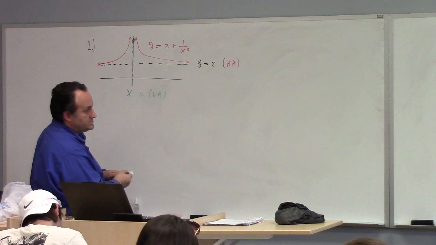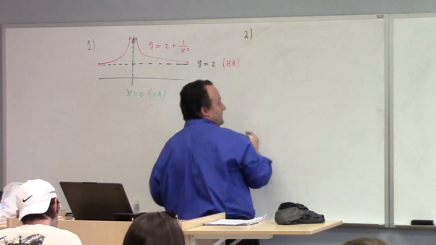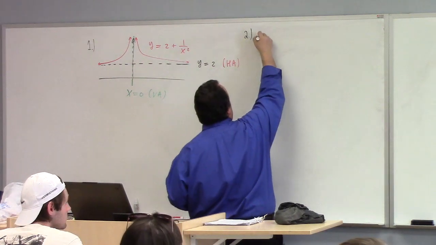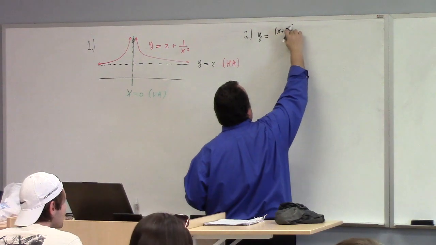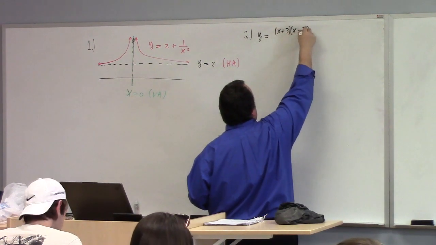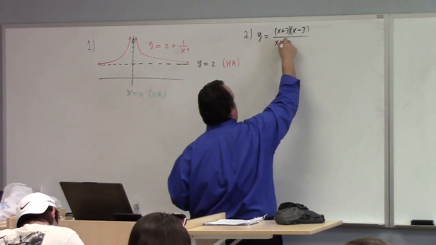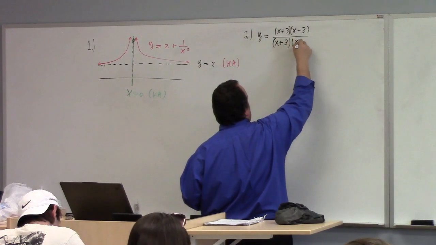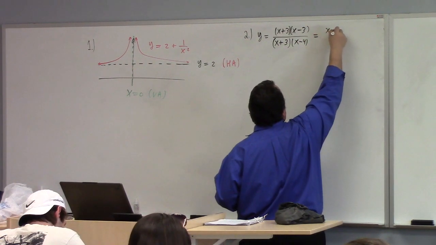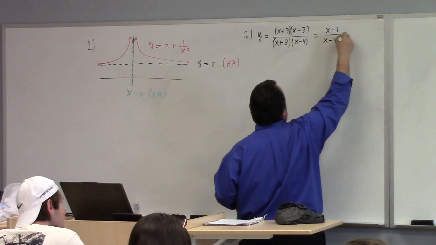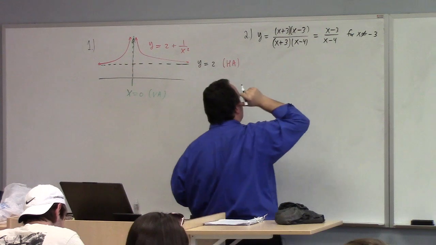Number two, that factors, right? So you've got y is equal to x plus 3 times x minus 3 divided by x plus 3 times x minus 4. So this reduces to x minus 3 over x minus 4 for x not equal to minus 3, right?